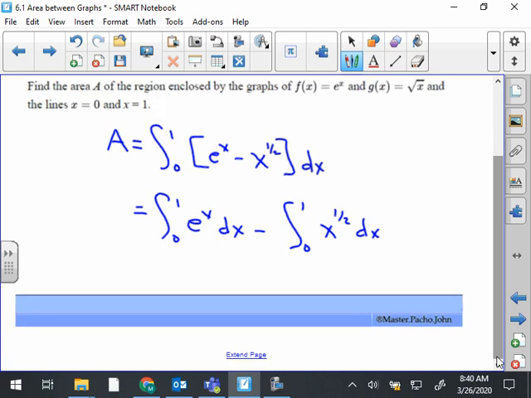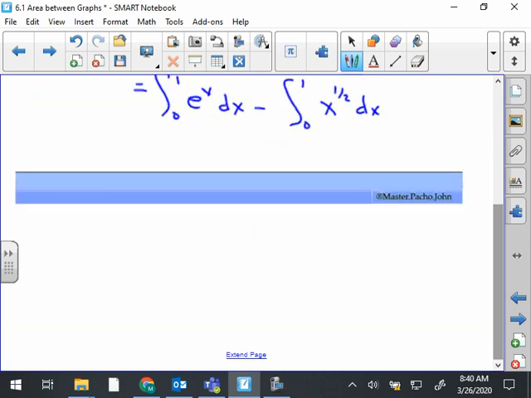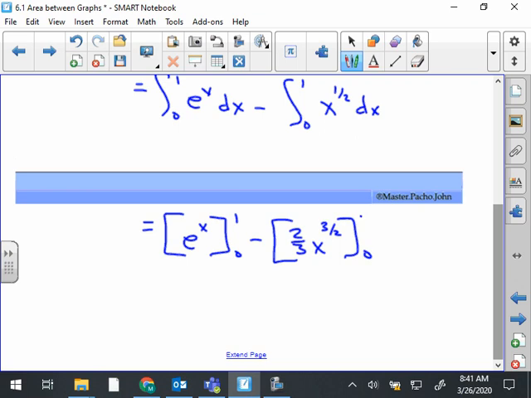Okay, now let's find the antiderivatives of these. So this would be the same as evaluating e to the x from 0 to 1 minus evaluating 2/3 x to the 3/2 from 0 to 1.